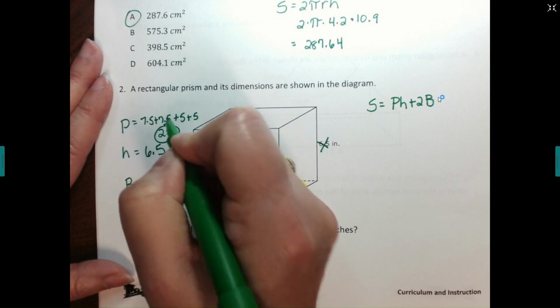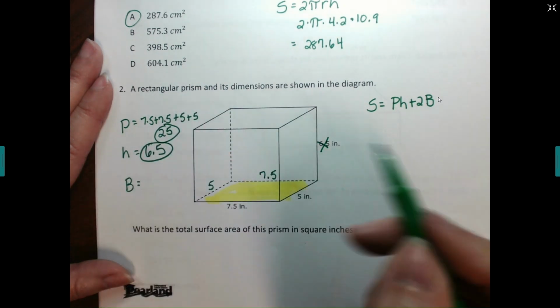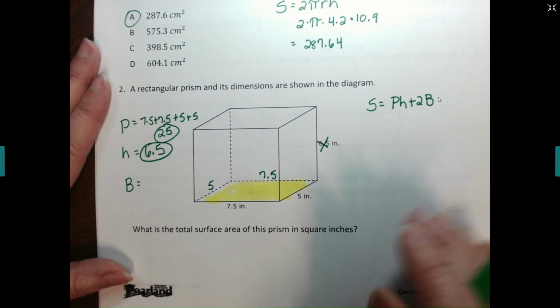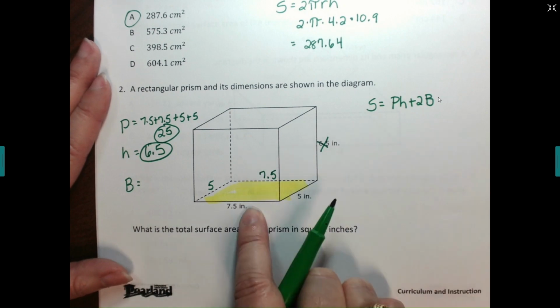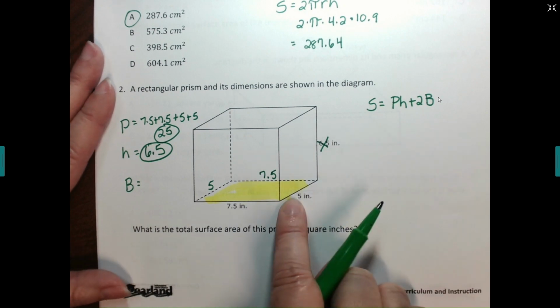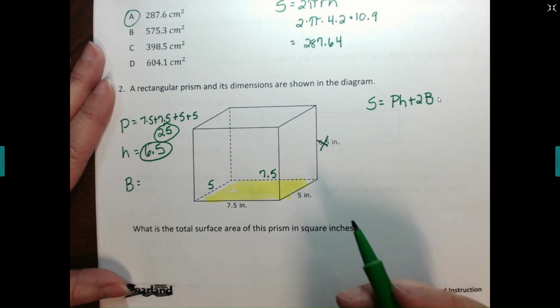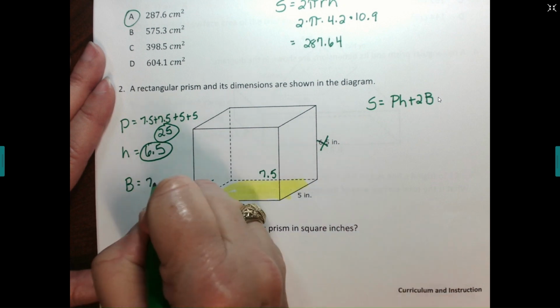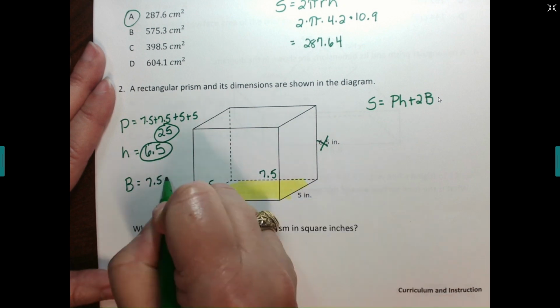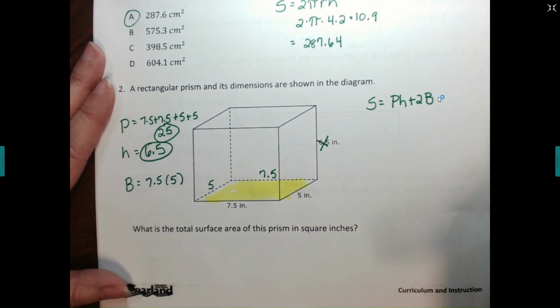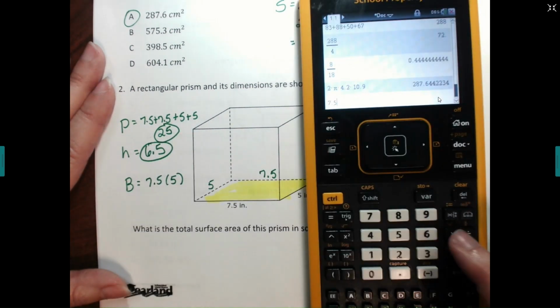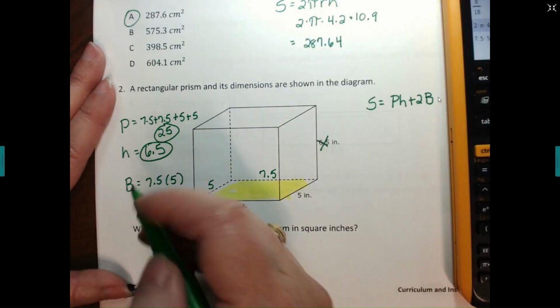So I've got this, and I've got this. You finished? Great. And now I've got to do the area of the bottom. What do I do to find the area of a rectangle? 7.5 times 5. Thank you. 7.5 times 5 is 37.5.